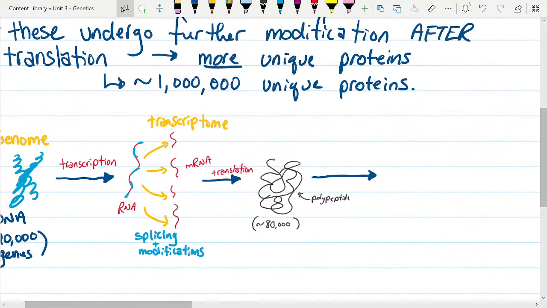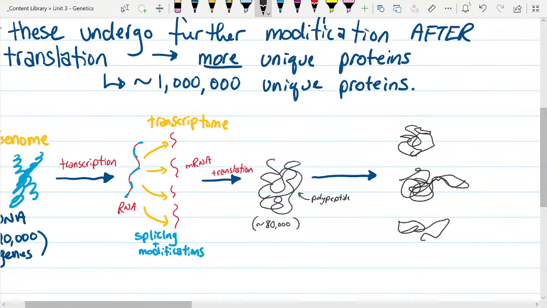I know, right? And this can fold and be modified and spliced itself in different ways. And maybe that same polypeptide can make 3 different proteins. And aren't my proteins beautiful? Looks like modern art. They're very good, right? So we all understand modern art, and we just think it's bullshit. Okay. So different foldings.